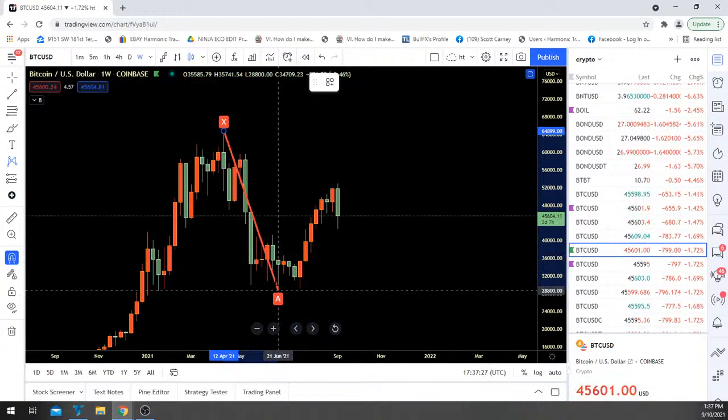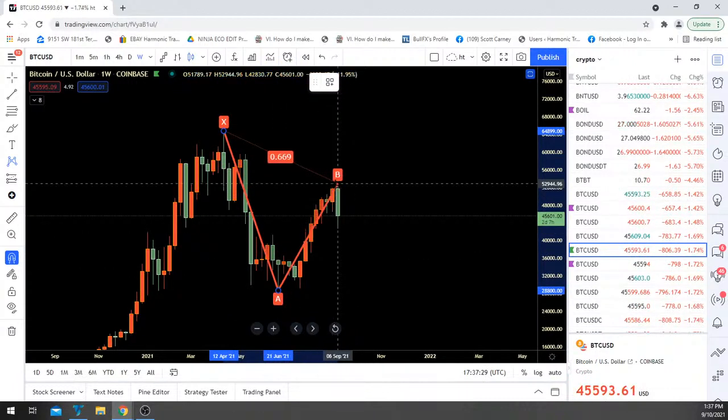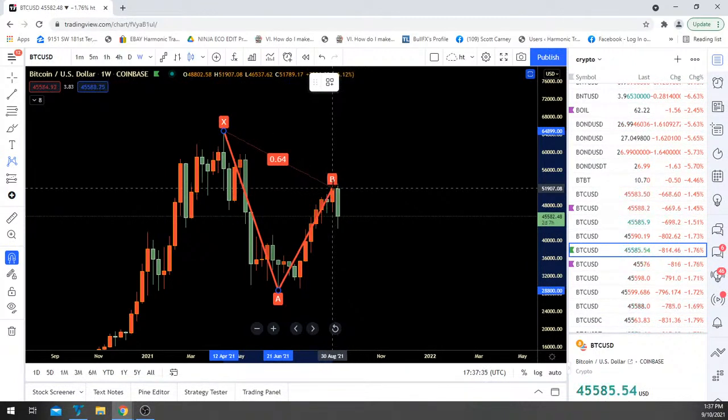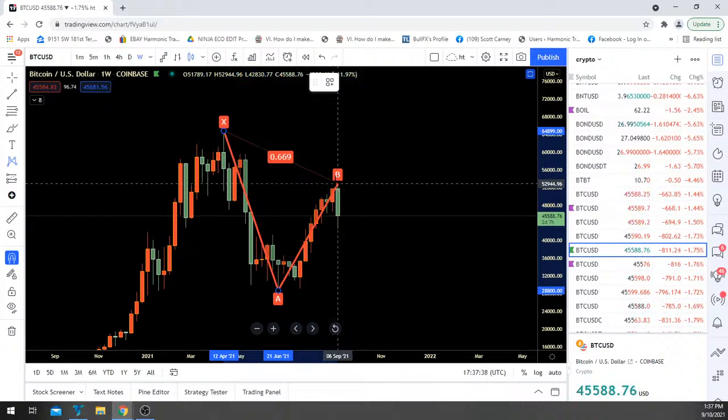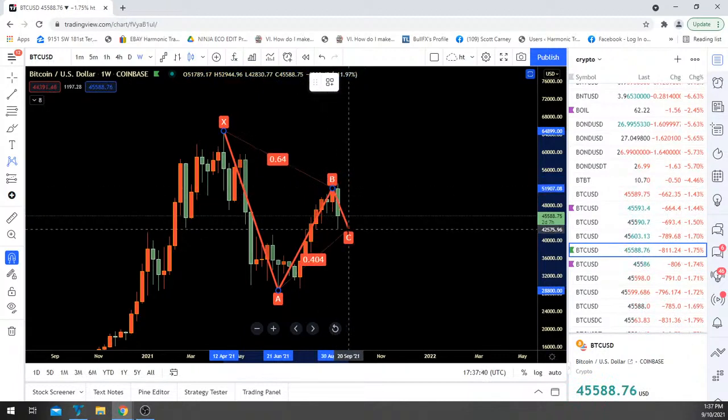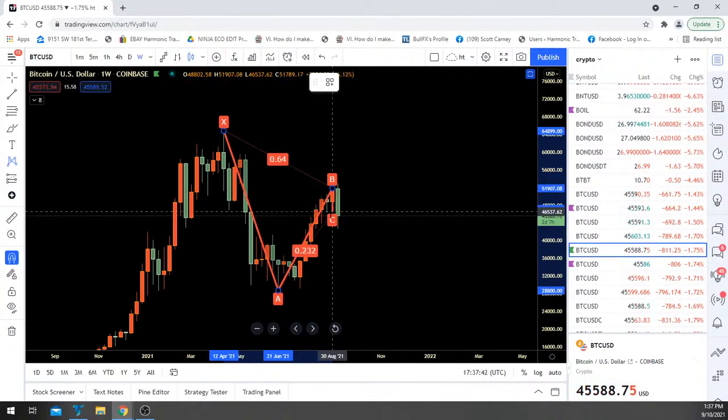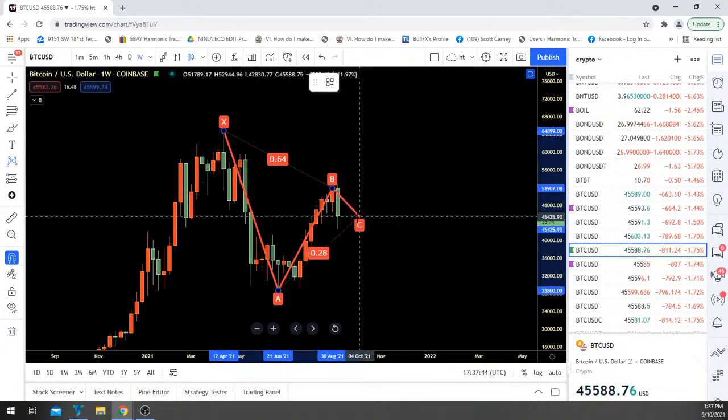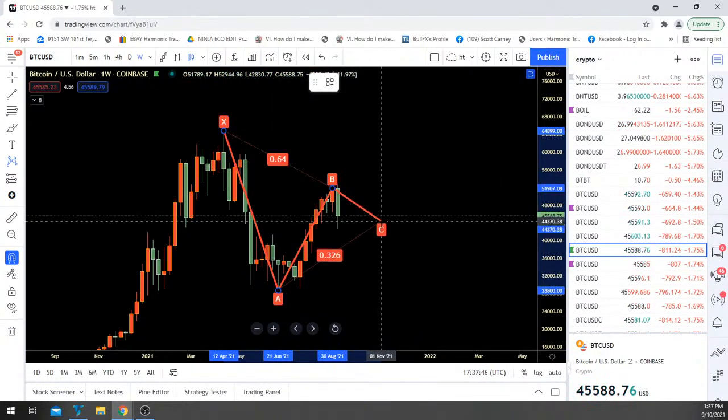But really, Bitcoin leading the pack, and on everybody's mind. So you're developing some kind of B point. And I said this at the beginning of the week and alluded to it last week, of needing some kind of a C point if we're going to get some kind of formation where we get a W structure.